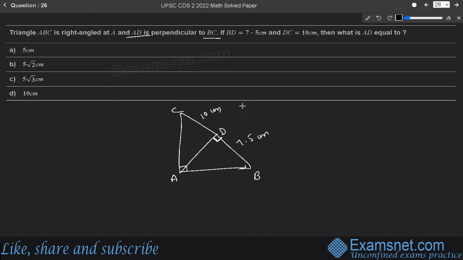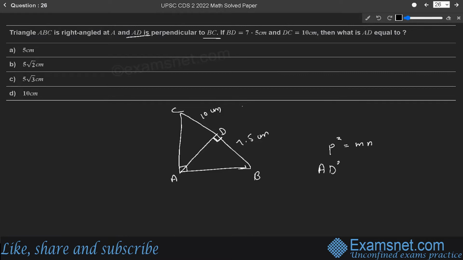See, it is a very, very simple question. AD is the perpendicular here. We know a formula which is perpendicular square is equal to M into N. And here M and N are the segments of the base divided by the perpendicular. You can see that AD is the perpendicular to BC. So putting the values here, perpendicular is AD.